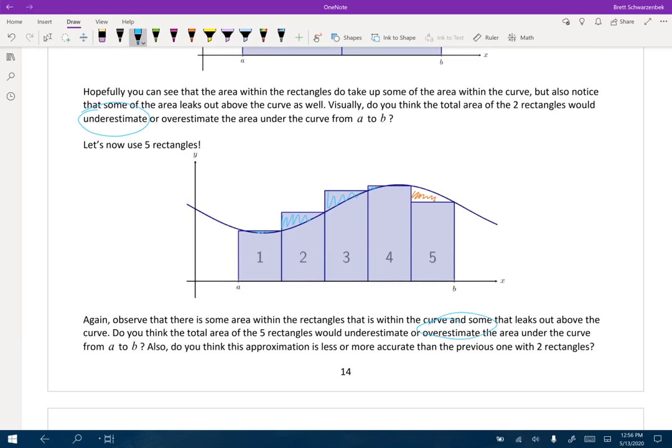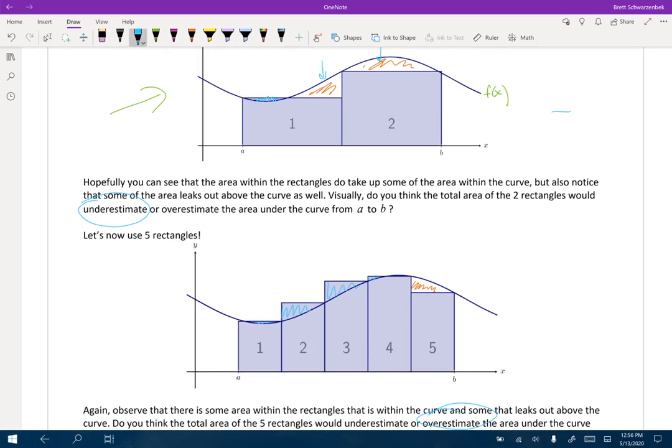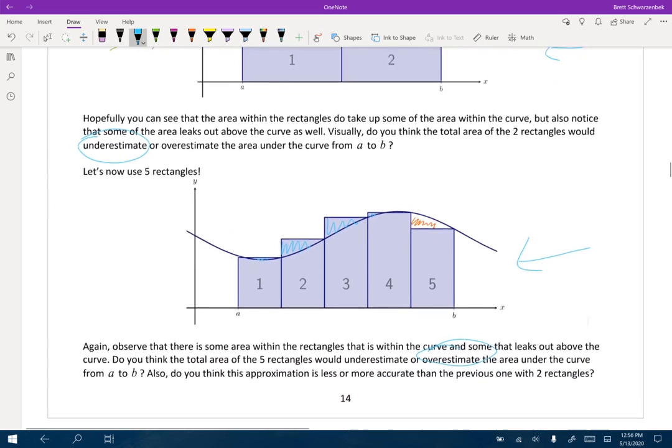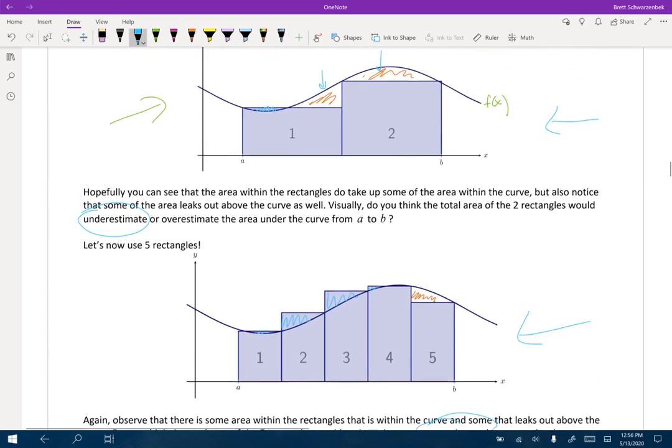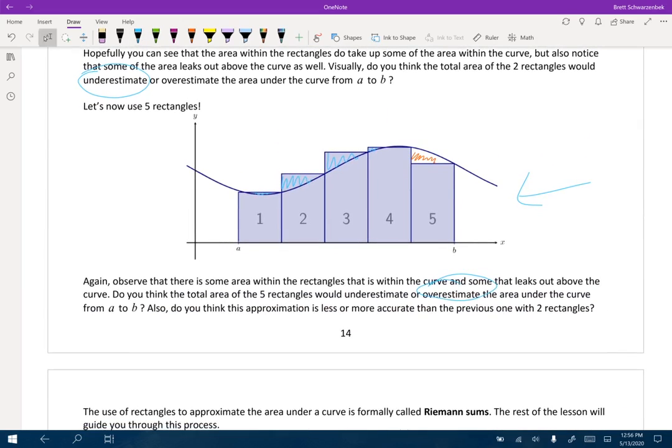We're getting too much area by doing this, but in terms of logic, which one of these methods do you think is going to be more accurate? Hopefully you see that having more rectangles will most likely create a more accurate depiction of what the area is.